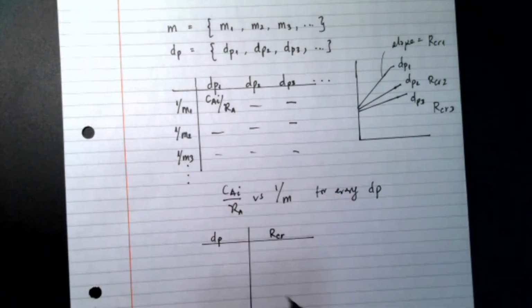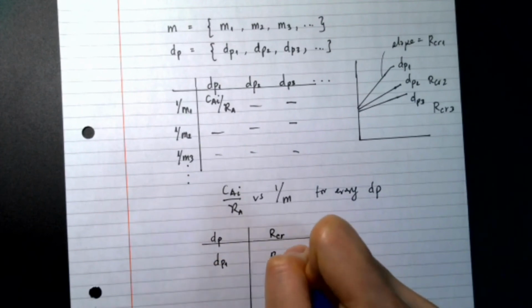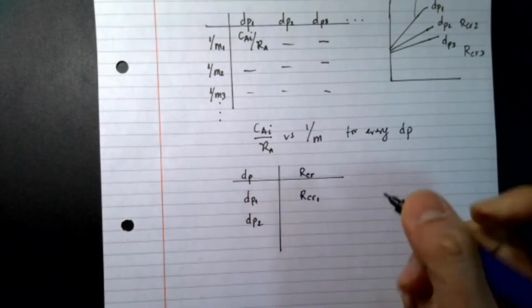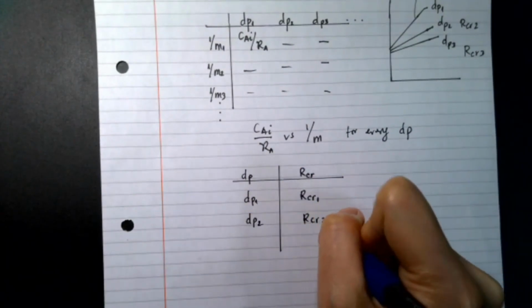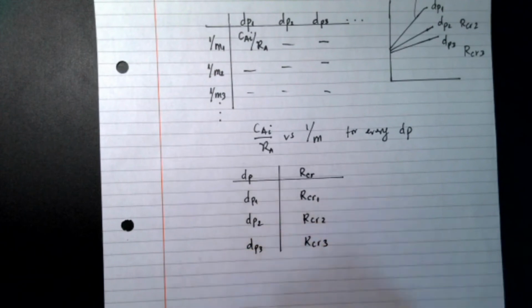And your data may look like this. For particle diameter 1, your slope is RCR1. For diameter 2, you have RCR2. And for diameter 3, you have RCR3.